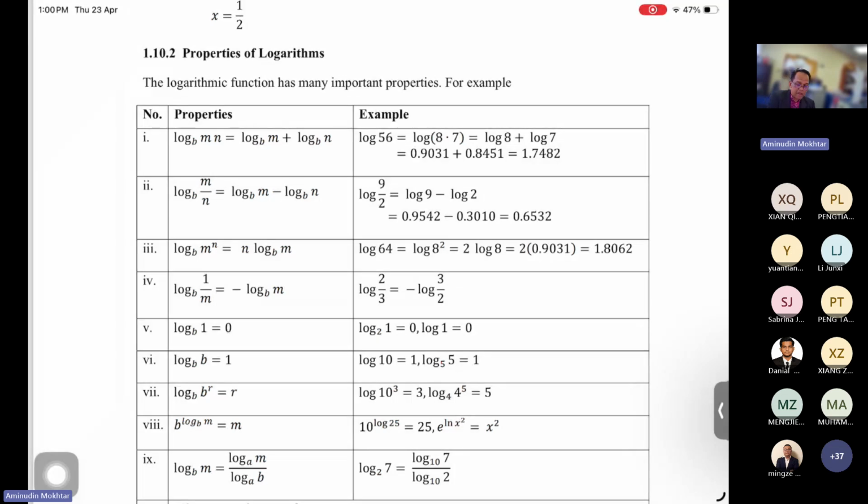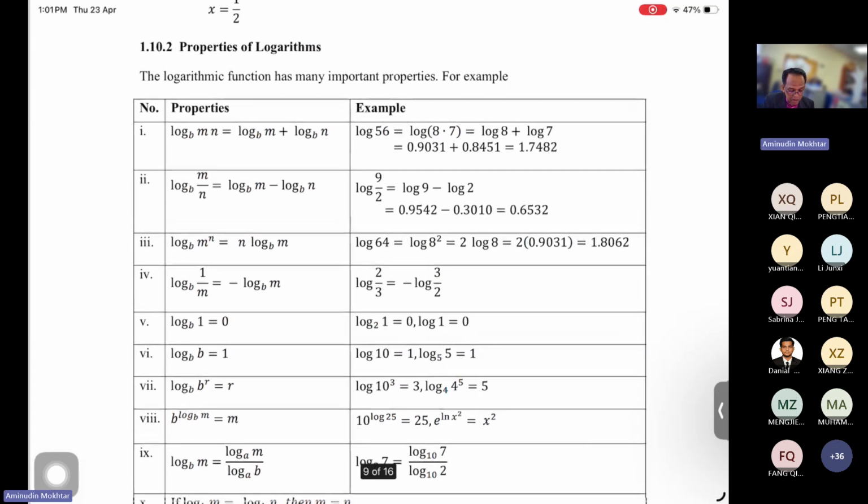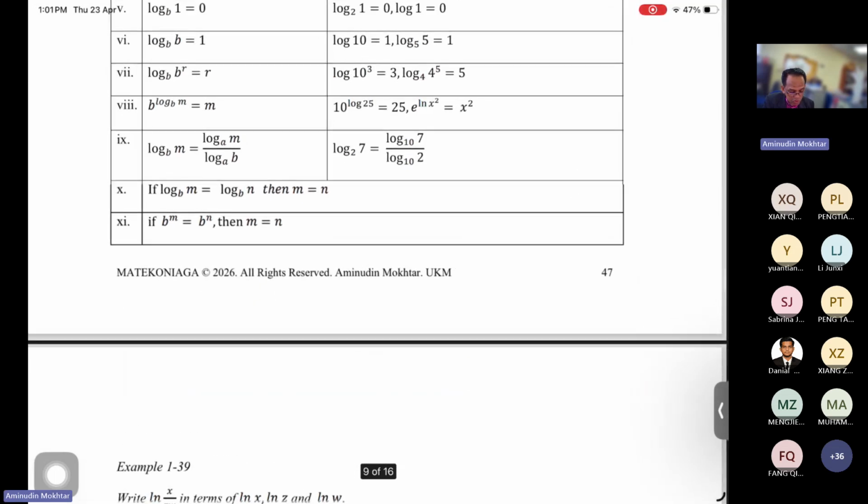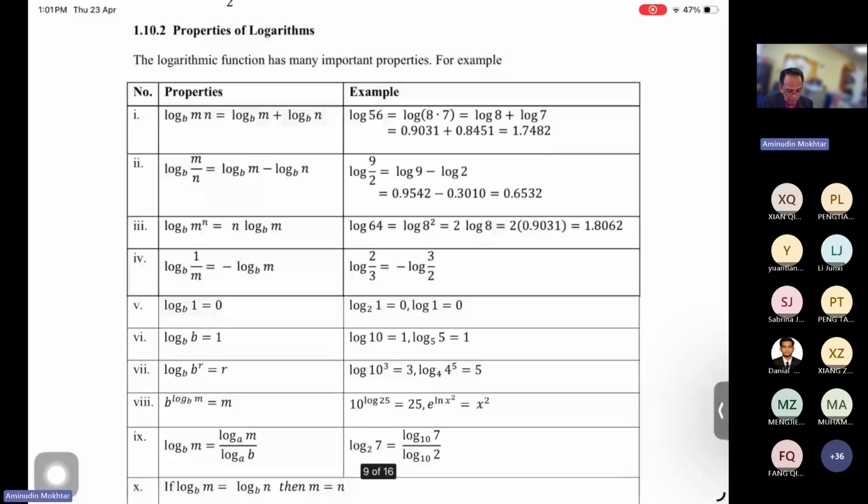The first property is about the addition property of log for m and n. Please refer to section 1.10.2, page 47, properties of log.